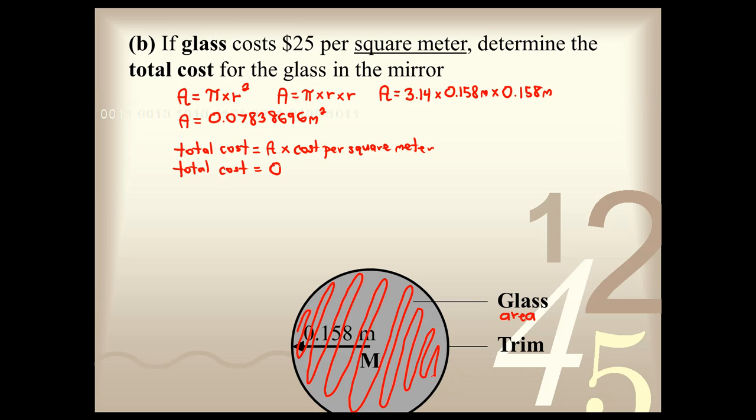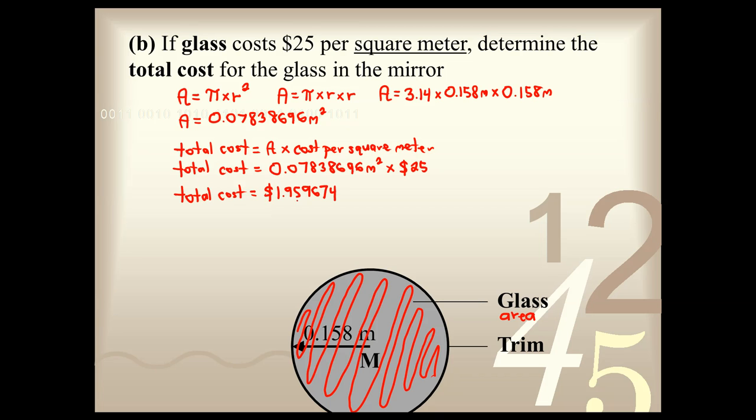So my area is 0.07838696 meters squared, multiplied by the cost per square meter, which is $25. And then I'm going to get the total cost. I'll write down the unrounded answer first, and then we'll worry about rounding it. So we're going to get a pretty ugly number again. So we got 1.959674.